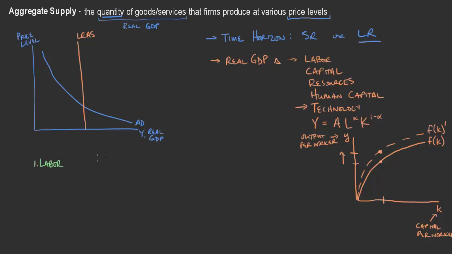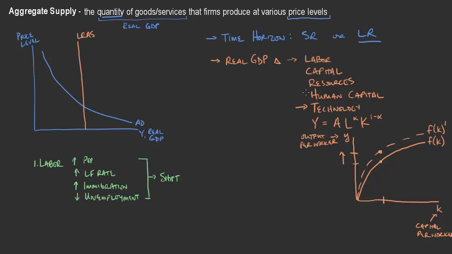So if we're thinking about labor, obviously if we have an increase in the population, or an increase in, let's say, the labor force participation rate, and we can also think about this like if we were to have some sort of increase in immigration. Or you might also say if we have some sort of decrease in unemployment. Any of these changes would all shift.